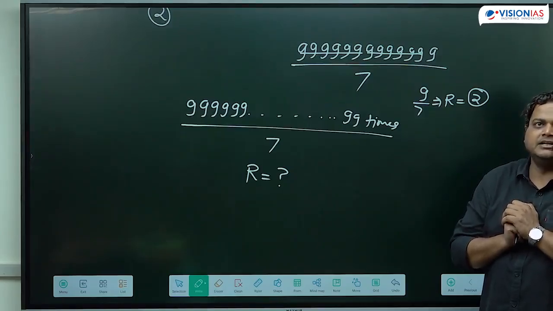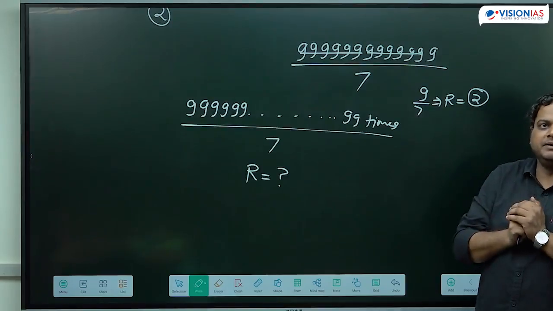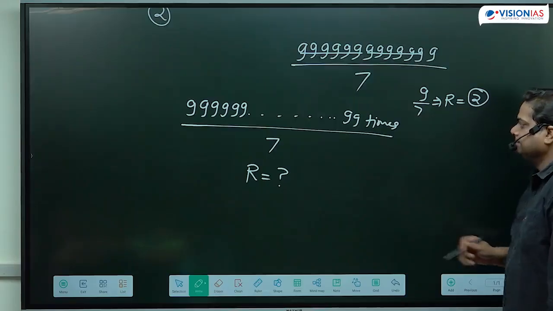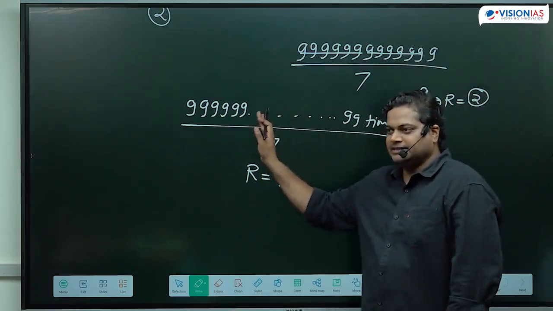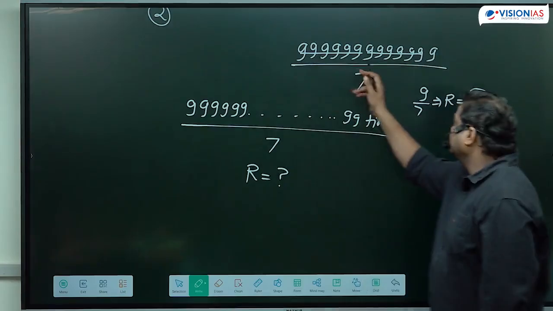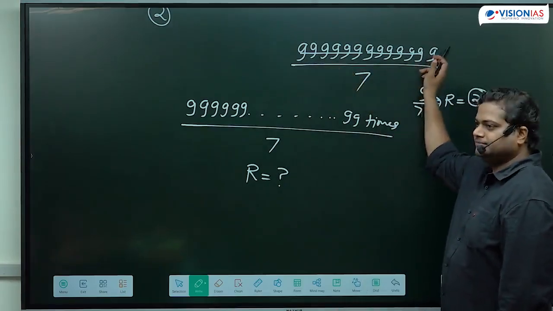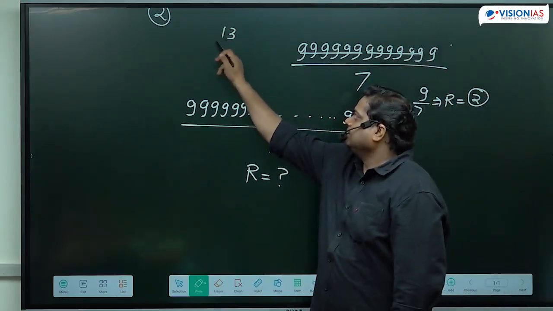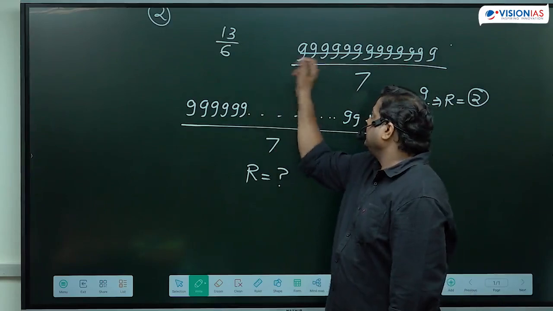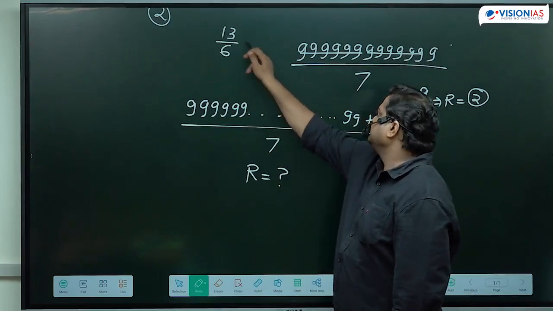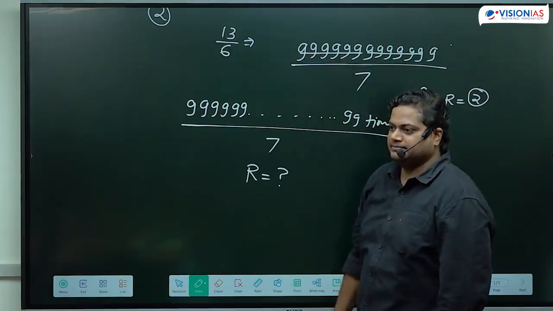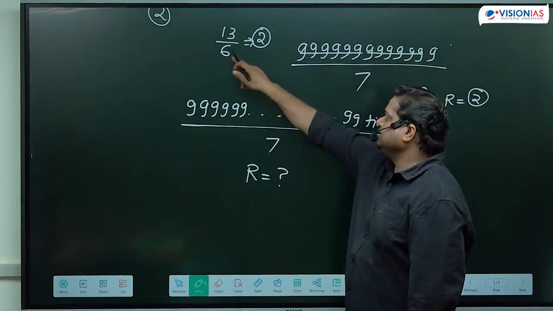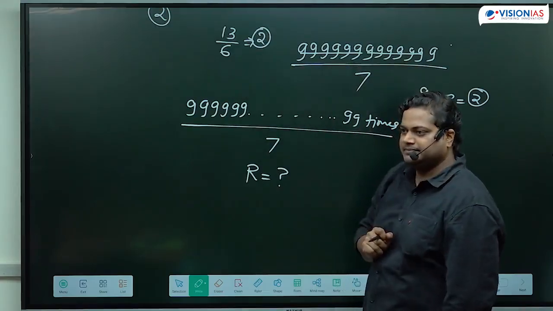ABC ABC ABC, add one more ABC, then it will be divisible by 7, 11, 13. How can we check what we did here? How many 9s were there? Here 13. Basically what did we do? In 13 we tried how many times these 6 nines are coming. How many times did it come? 2 times these 6 nines were coming.